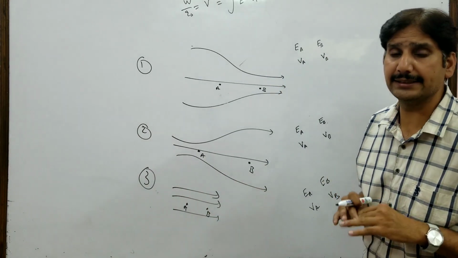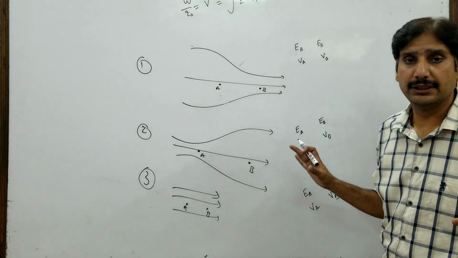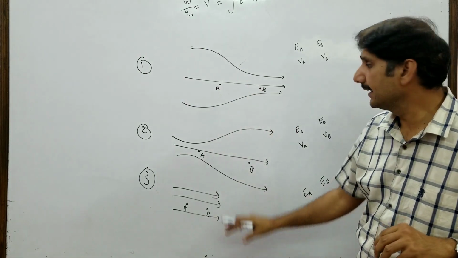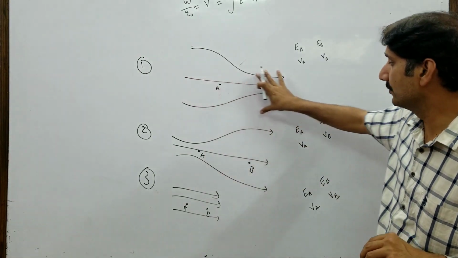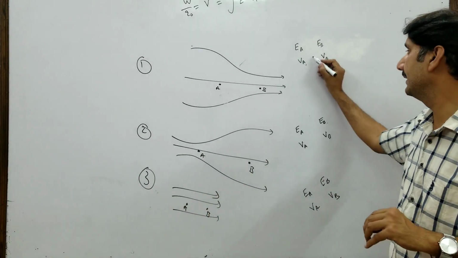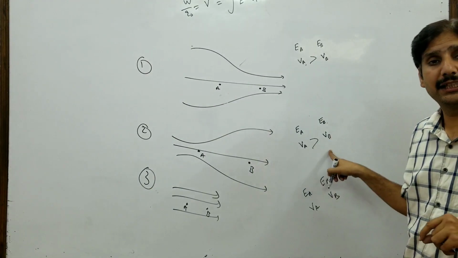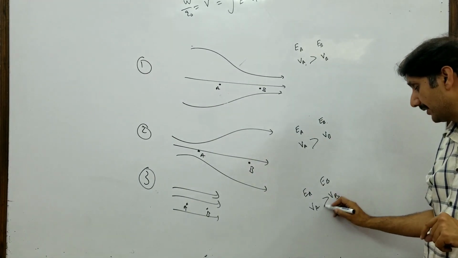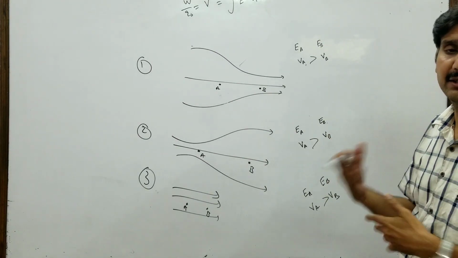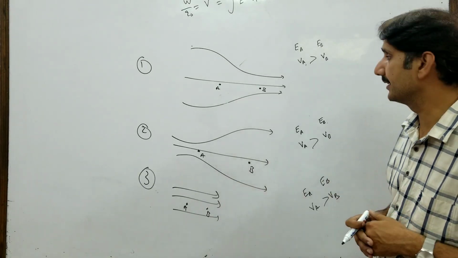So no need to be confused: in all the cases electric field is going from A to B, so electric potential at A is greater than electric potential at B in all these three cases. Had the field been reversed on the other side, you could have formed a different relation.